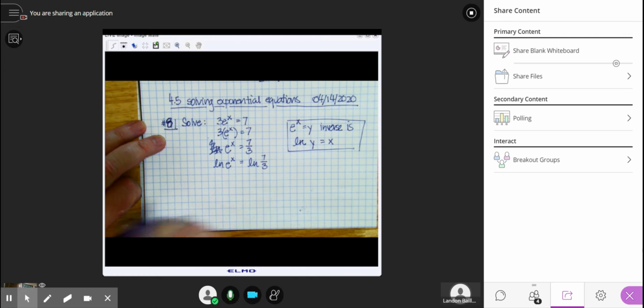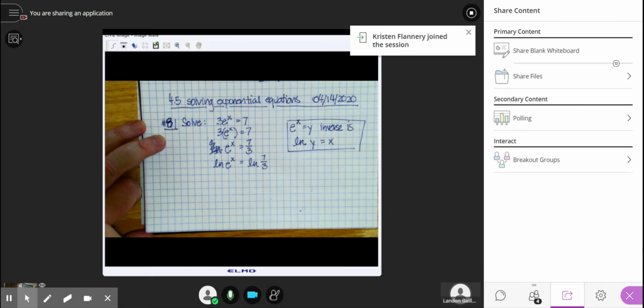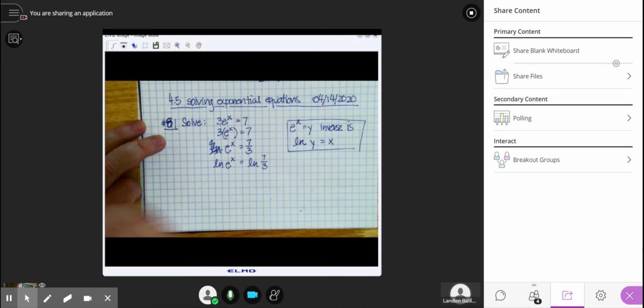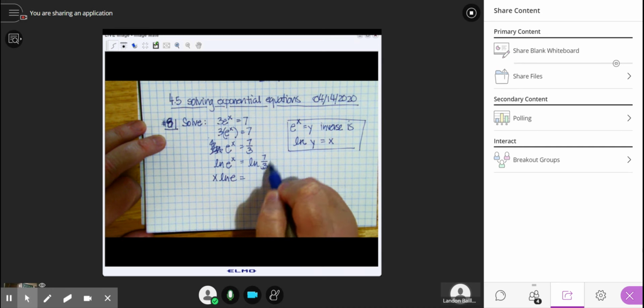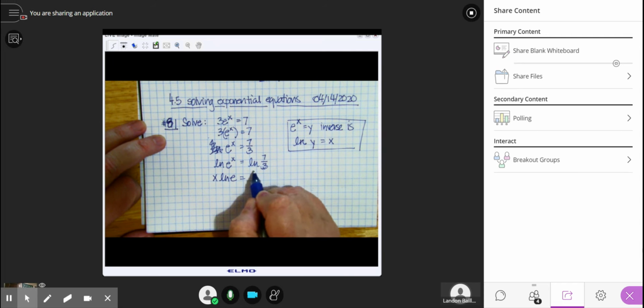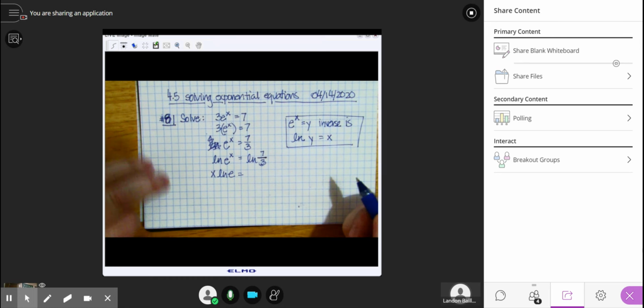What are you going to do with this x? And this is division. So what can we do using your laws of logarithms? What can you do with the division?